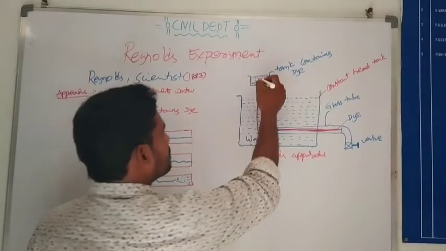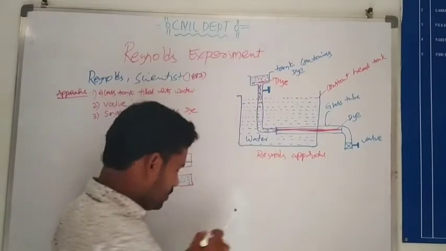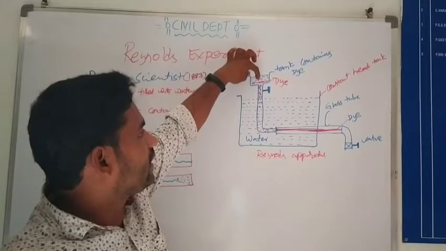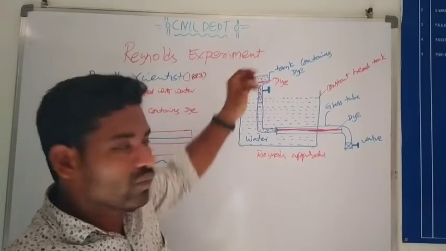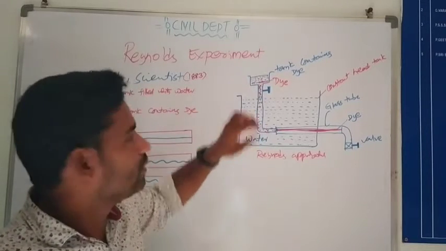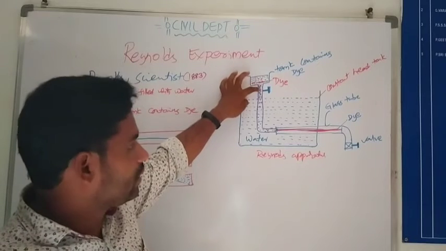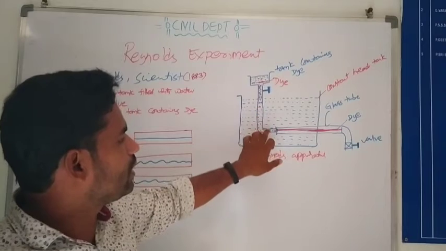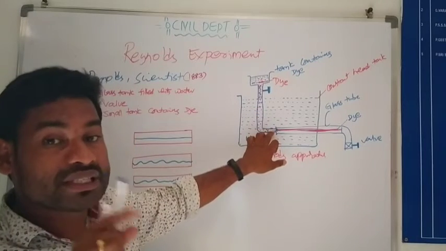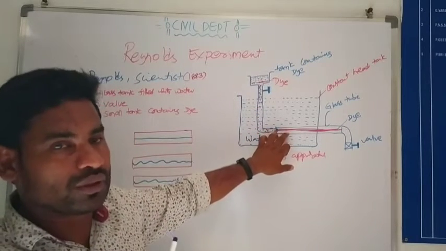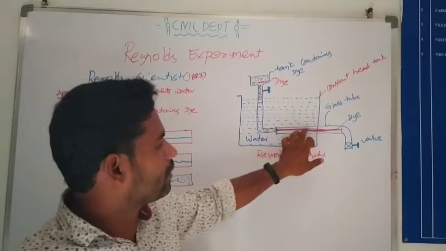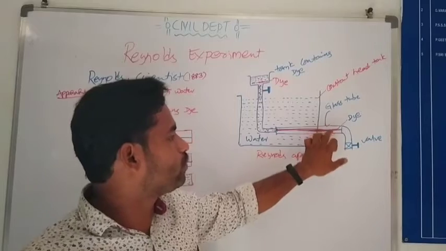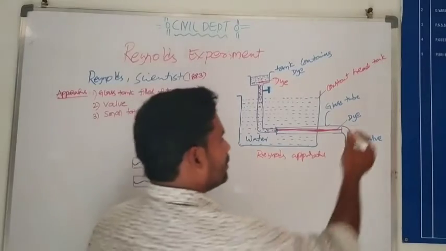When you pour the dye in the small tank, you can open the valve, and the dye comes down with gravity and mixes with water. The water comes here, and this is the glass tube, and this is the dye filament.